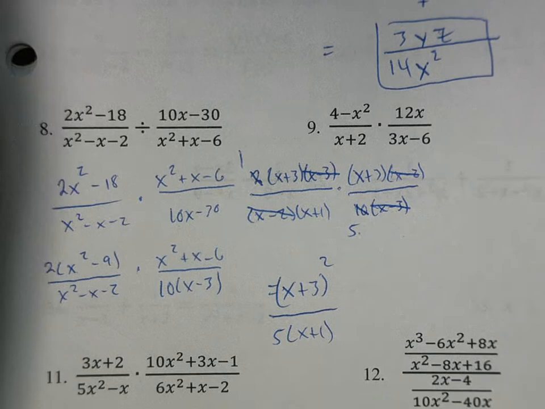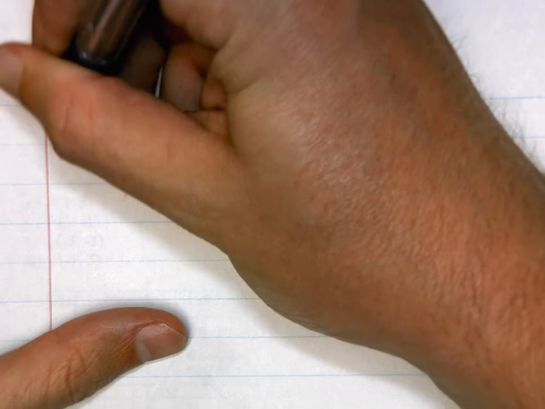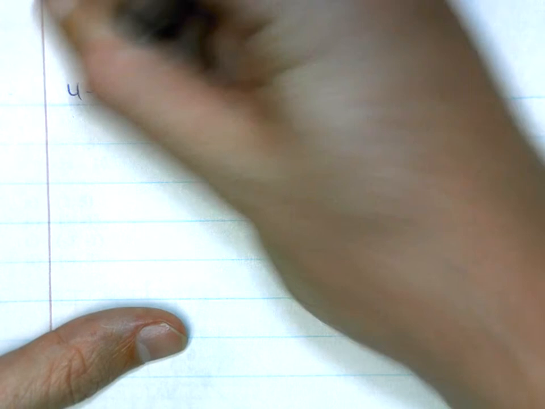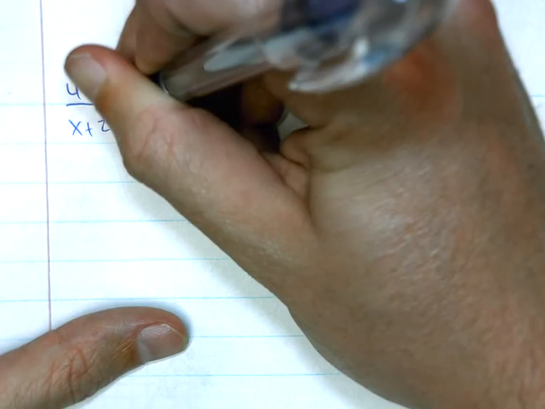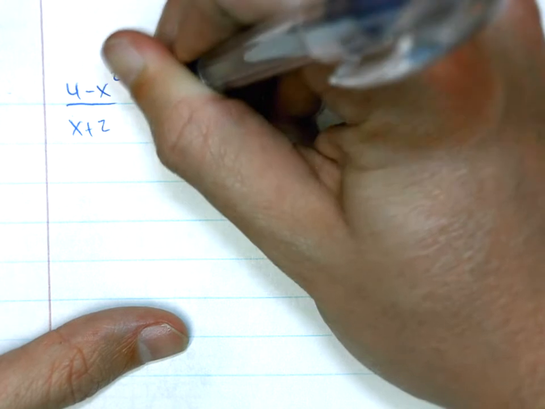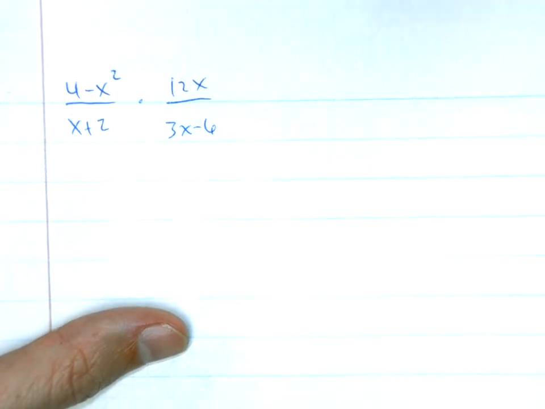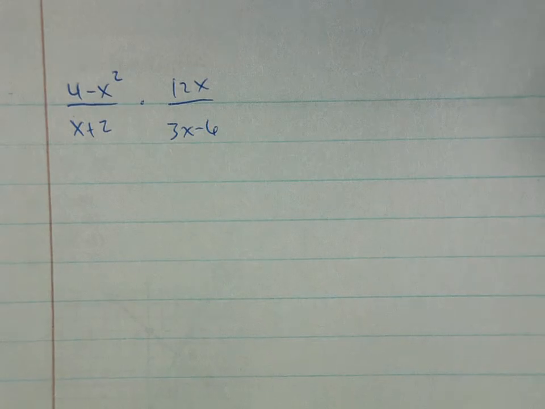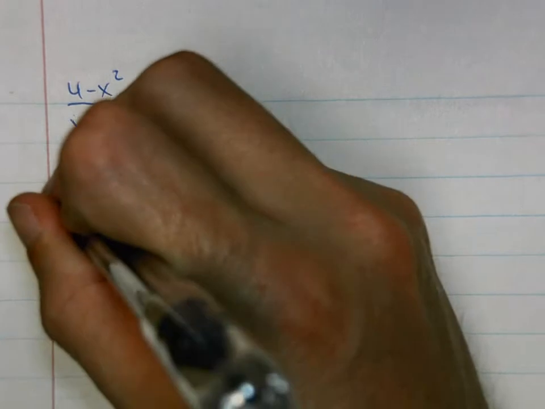Alright, number 9. Number 9 says 4 minus x squared over x plus 2 times 12x over 3x minus 6. First things first, I'm going to factor a negative 1 out of the top left so I can switch things around.